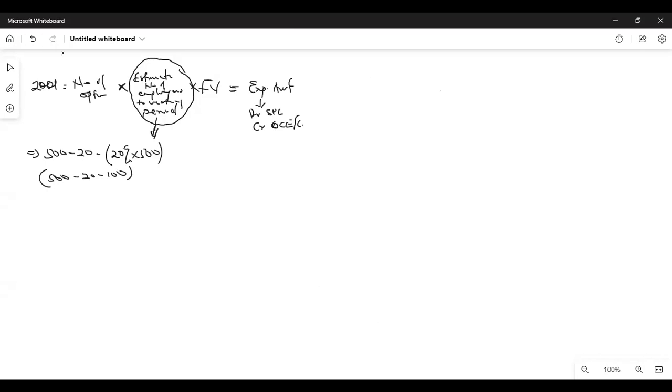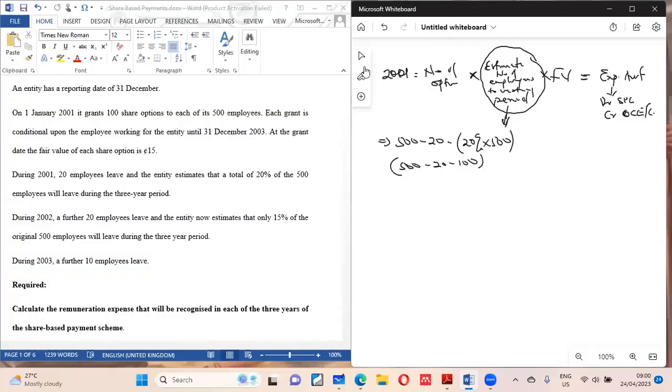Let me give you a minute to think about it. We want to see the number of employees who will be there to vest. That is where the problem is. As for the number of options, you are always given.